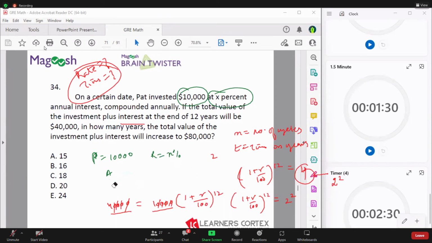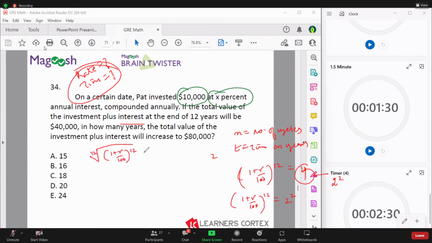I'll remove this. Now what we can do is take the 12th root on both sides. So 1 plus R over 100 to the power of 12 becomes 2 to the power 2 under 12. Now this can be written as 1 plus R over 100, 12 times 1 by 12, because any number under a surd becomes a to the power 1 by x.